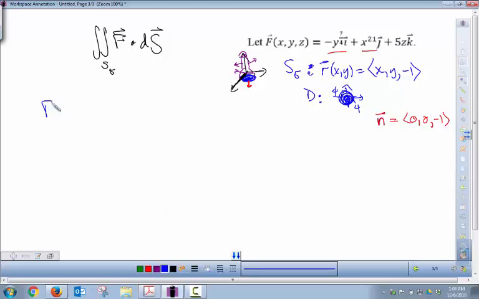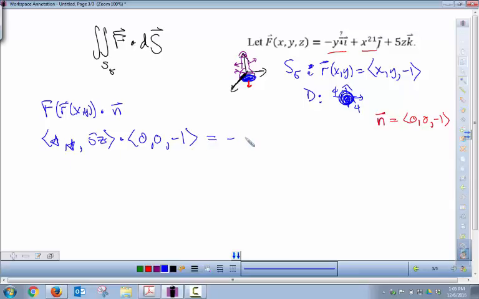We got F with your r of x, y in there, dotted with your n. So let's figure this out. Since when you dot them, the first two components will not be significant, I'm just going to put star, star, and then the z is 5z, dotted with 0, 0, negative 1.